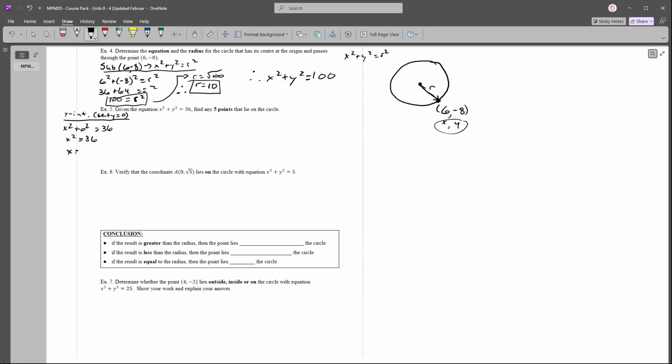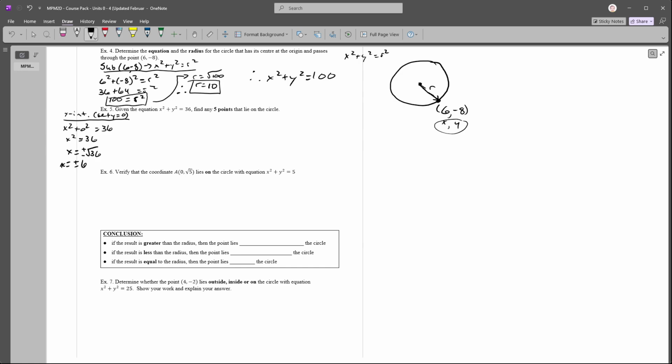So x is actually equal to, and this is where a lot of people stumble, the positive or negative of root 36. Now you're like, well, why the positive or negative? Well, what is root 36? It is 6. So x is equal to positive or negative 6. If I have negative 6 squared, I get 36.